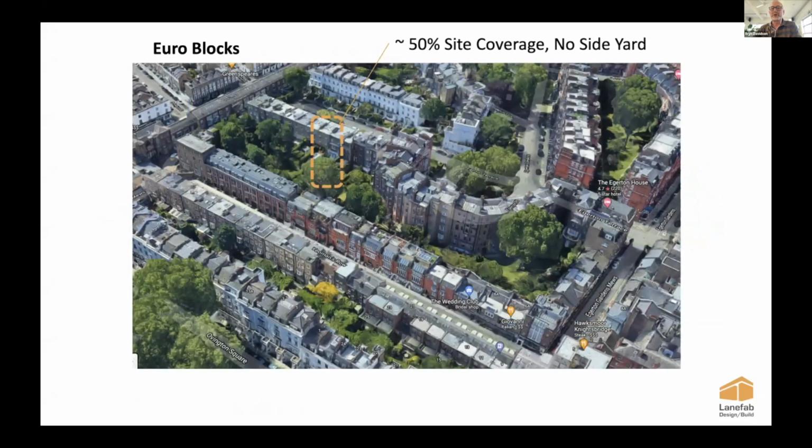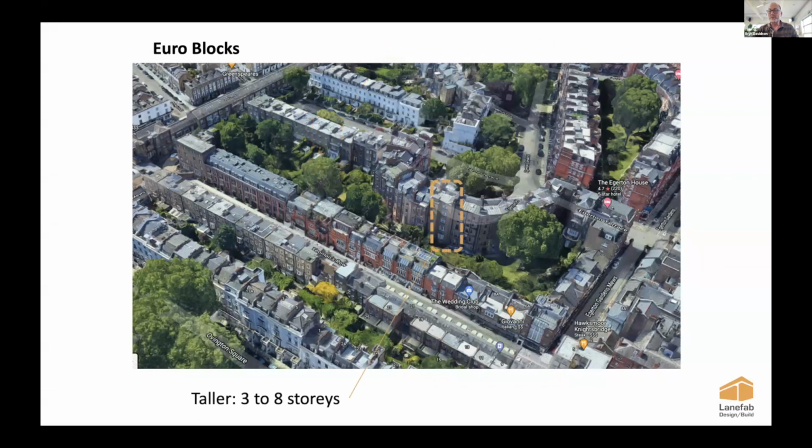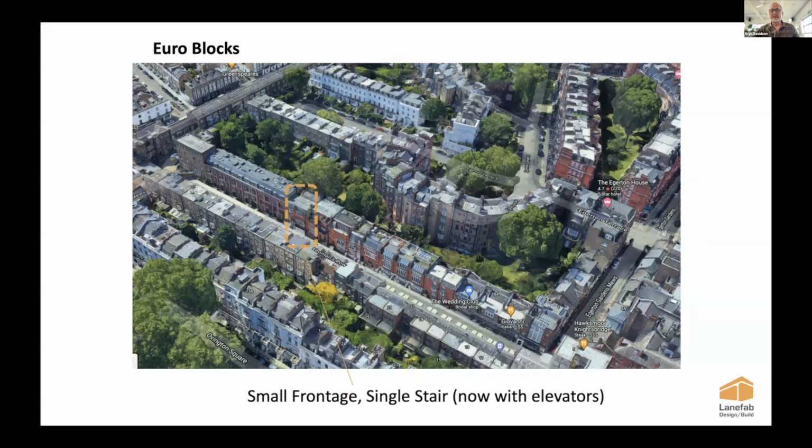And so when we look at the European examples, they're only about 50% site coverage, lots of green space, connected buildings with no side yard. They're taller than what we typically see in North America in the single family zone, so 3 to 8 stories. And they have pretty small frontage, so they're not like in Vancouver, when you do apartment buildings, often they'll redevelop the whole block.